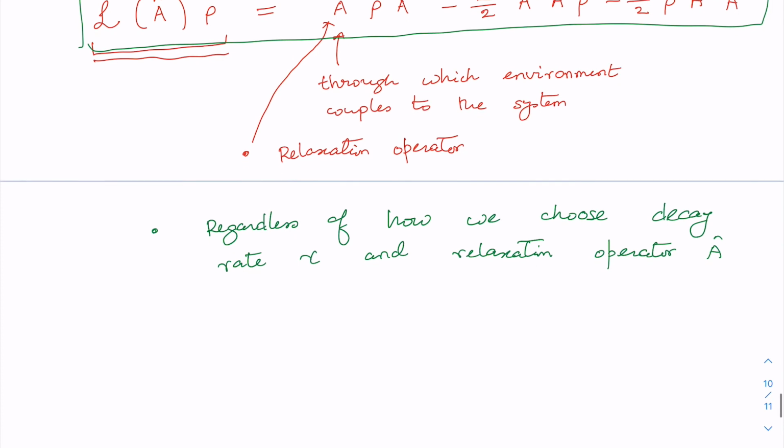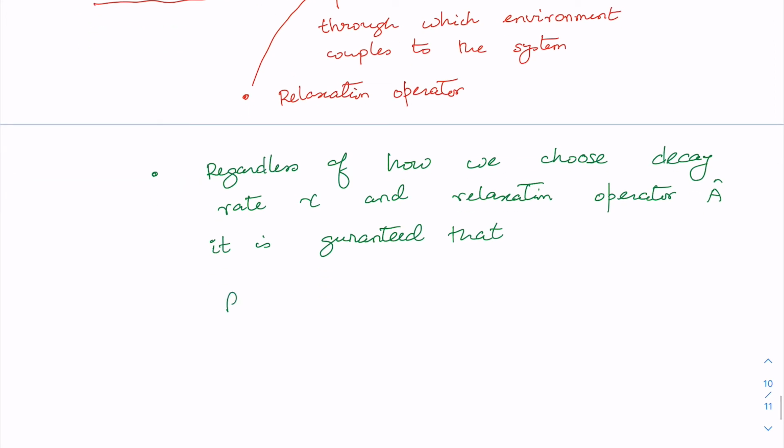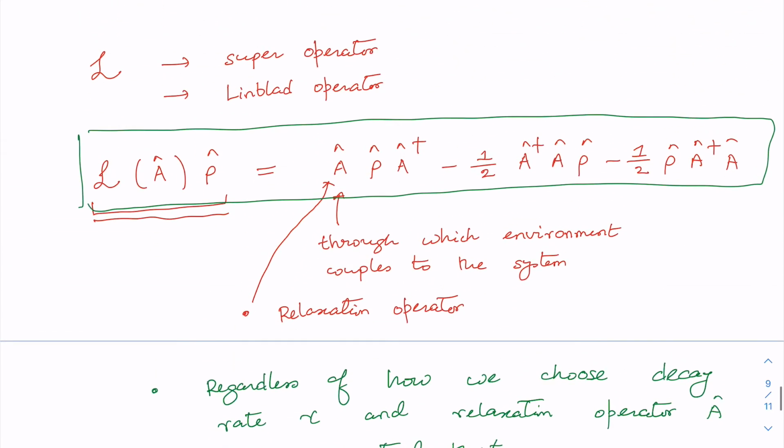This can be proved, which we will not do here. We know the density operator has to be Hermitian. So this is the only structure.